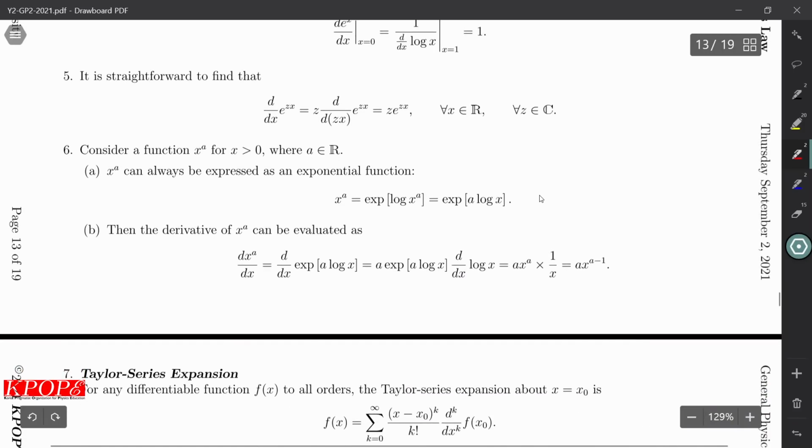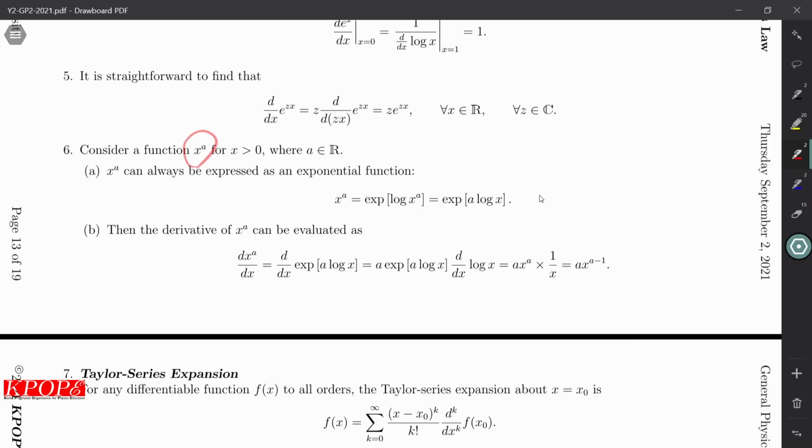Next, we consider the derivative of x to the a, where a does not have to be an integer. It can be a half integer or any real number. For simplicity, we consider the case where x is positive.